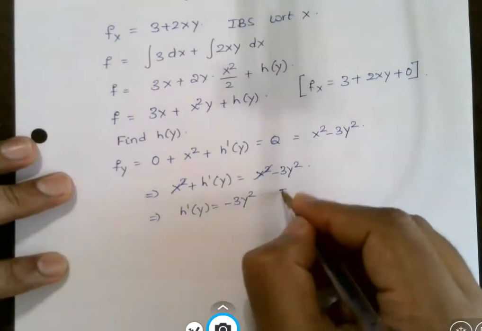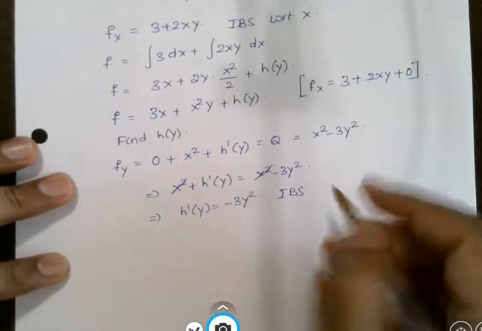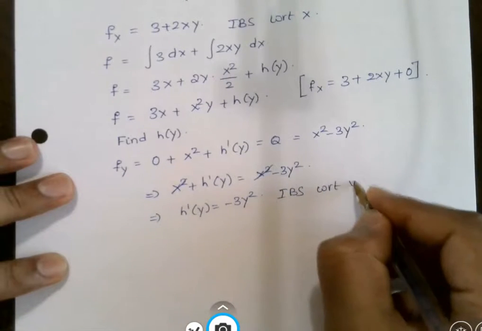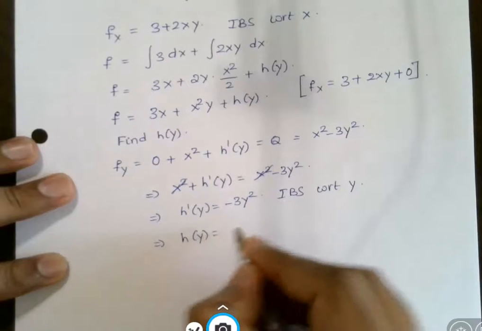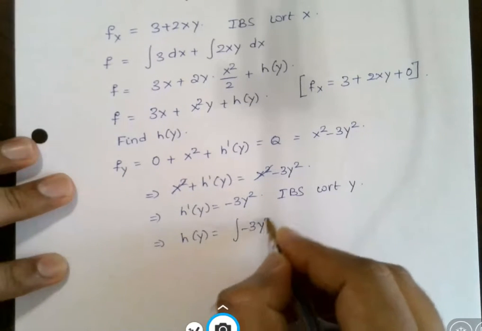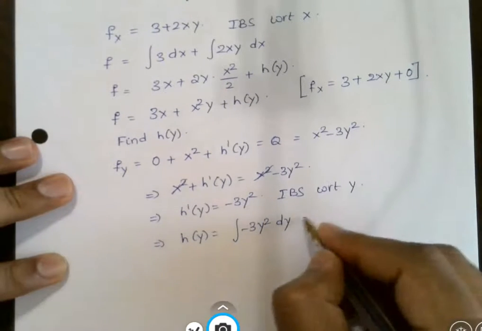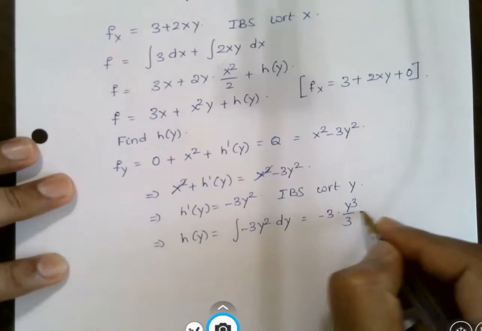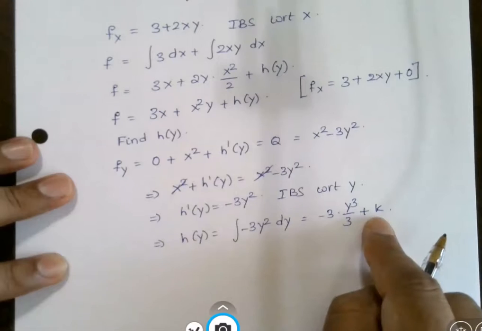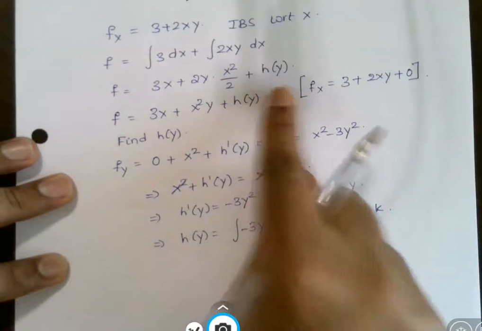So integrating both sides with respect to y, you get h of y is going to be the integral of negative 3y squared dy. So that's going to be negative 3 times y cubed over 3 plus k. This time I'm writing k because I have already accounted for another variable.